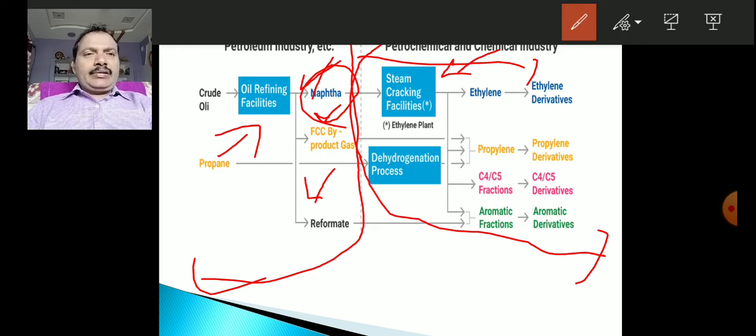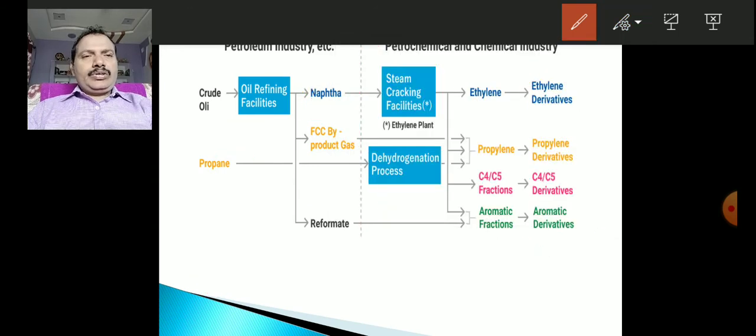The petrochemical plant or industry will take the input raw materials, naphtha. So this is the naphtha, which is the raw material for the petrochemical industry, and some heavy gases. So these are the raw materials available to the petrochemical industry.